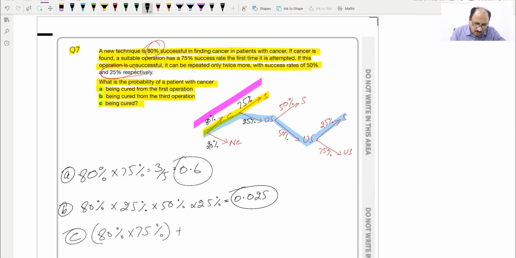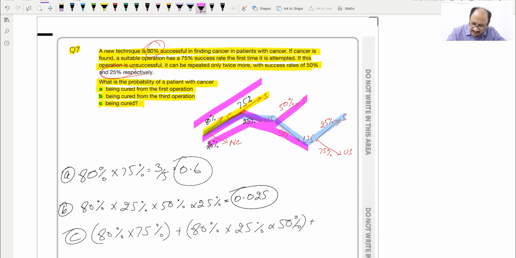The second cured route is this one, 1, 2, 3. So this will be 80% into 25% into 50%. This is the second cured route. And there is a third cured route as well, which we can take this and this one also.